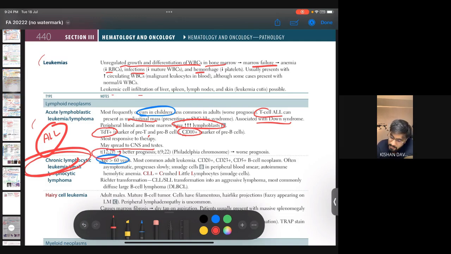Then there is the translocation, 12;21 and 9;22, best and worst prognosis. Just highlight this, then I'll tell you what to know. Forget about the worst prognosis, they never ask. 12;21 is very important, so your translocation is 12;21.